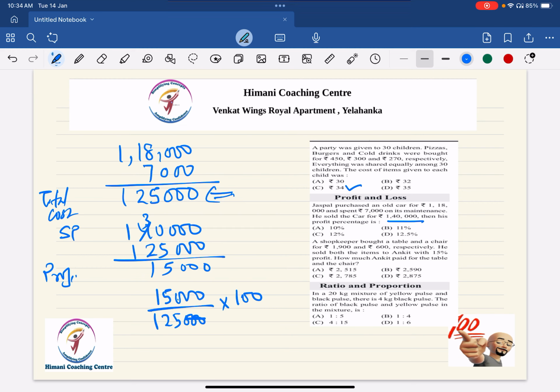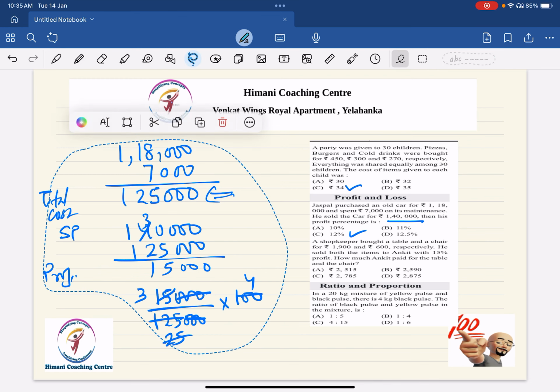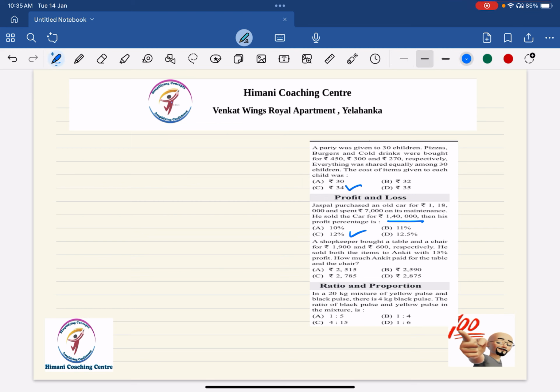These three zeros cut each other. So 5 threes are 15, then 25 times 4 is 100, 3 into 4, 12% is the answer. Students, now let us move to the next question.